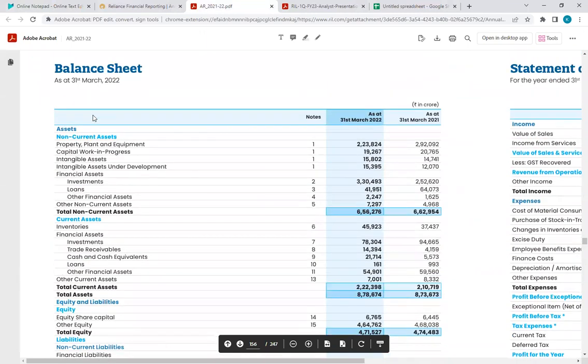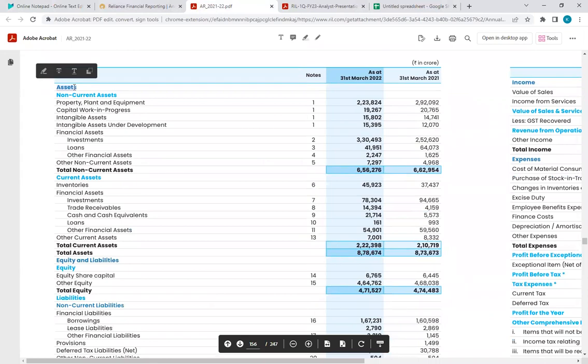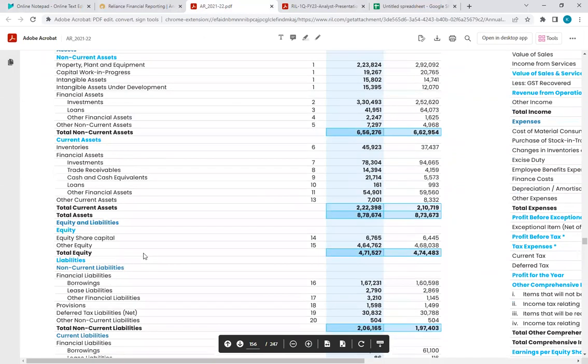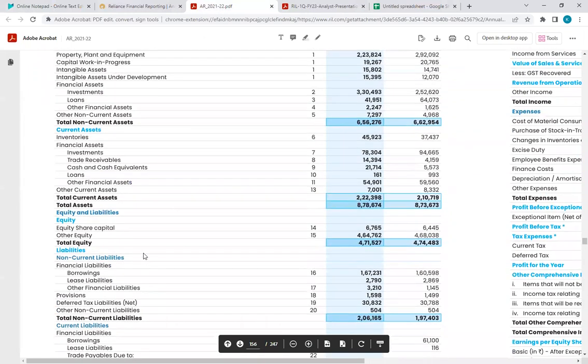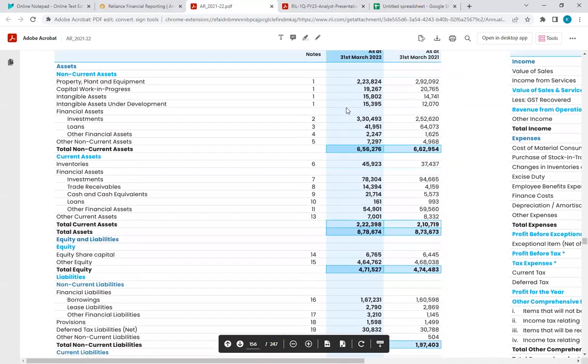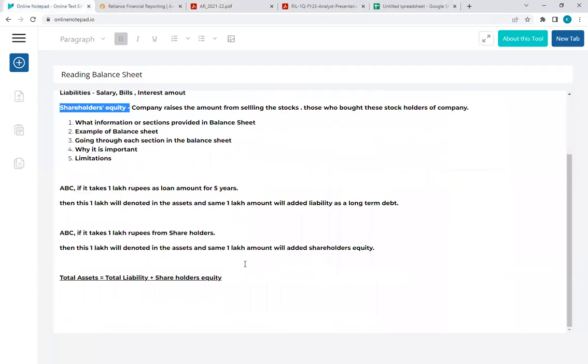At a higher level, the balance sheet consists of assets, equity, which is the shareholders' equity, and liabilities. These are the higher level headings of the information. The main equation I mentioned in the notes is that every time the total assets should be equal to total liabilities and shareholders' equity.